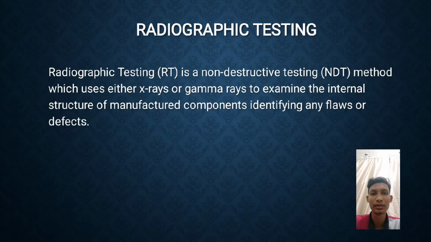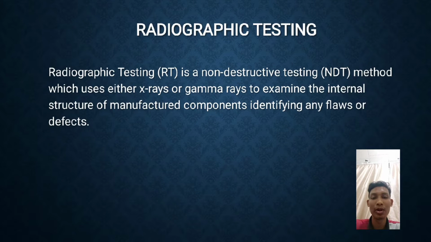Radiographic testing. Radiographic testing is a non-destructive testing method which uses either X-rays or gamma rays to examine the internal structure of manufactured components, identifying any flaws or defects. For the advantages of radiographic testing, first, it can be used to inspect virtually all materials and detect surface and subsurface defects.